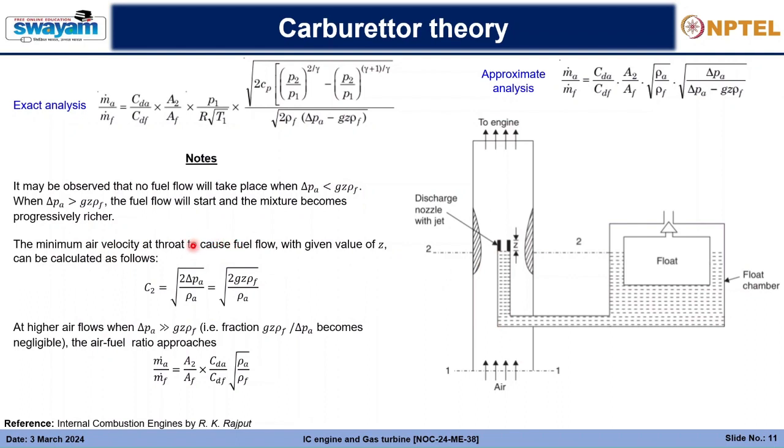Then at higher air flows, when delta P A is much greater than g Z rho F, that is, the fraction g Z rho F divided by delta P A becomes negligible, the air fuel ratio approaches this.